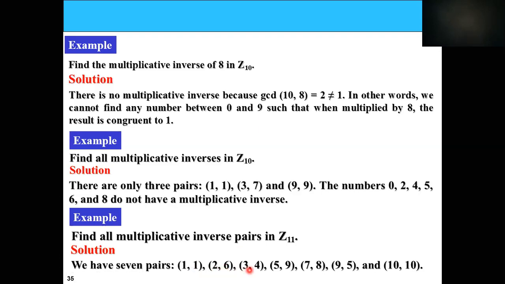If you multiply 3 with 4, you get 12 under mod 11, and if you divide it by 11, the remainder is 1. So 3 into 4 is congruent to 1 mod 11. In similar fashion, you will get all the inverses like this.